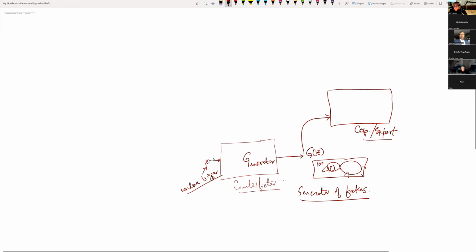And the cop will look at this and say, haha, this is wrong. But the next time, the generator will produce a different sample, because the generator has absolutely no idea what a genuine US dollar bill looks like. And so the cop will say, no, this is not what it is.